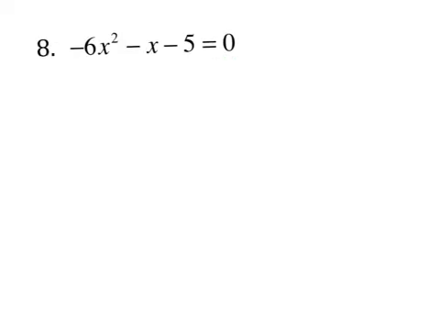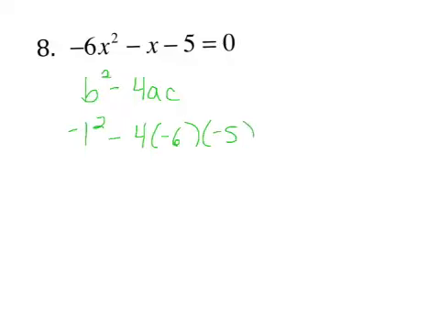For number 8, we're going to use the discriminant b squared minus 4ac to determine how many solutions this quadratic has. So negative 1 squared minus 4 times negative 6 times negative 5. Negative 4 times negative 6 is positive 24.